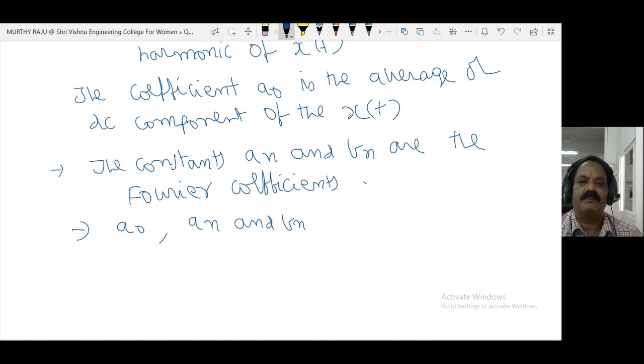These are the important constants involved in x of t: a naught, an, and bn.